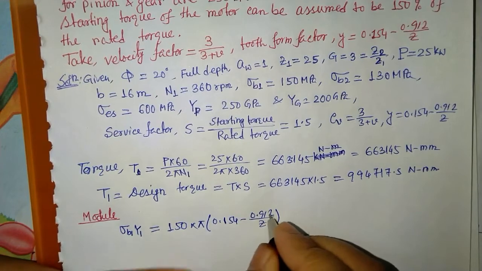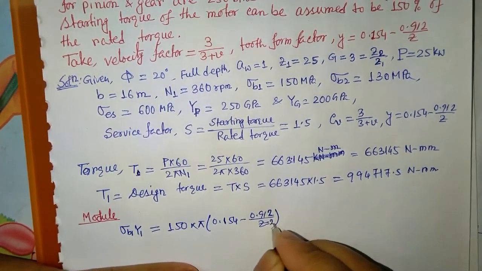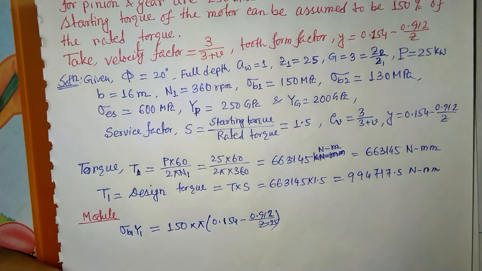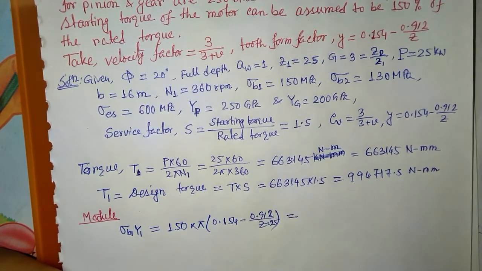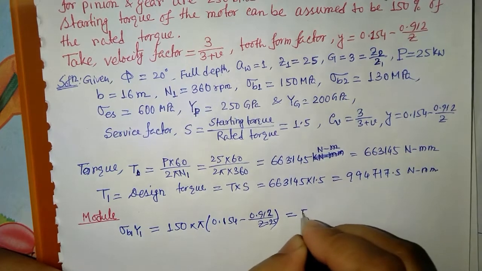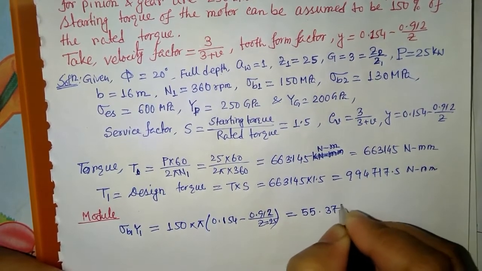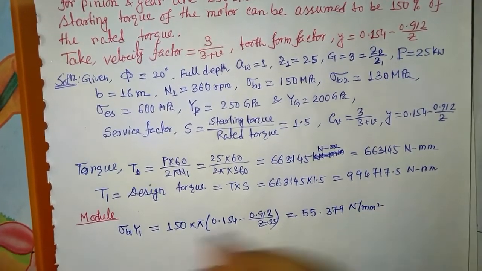This is 0.912 by z. Z is equal to 25, since it is pinion we have taken suffix 1. Okay, so if we make the calculation, we will get this value as 55.379 Newton per millimeter square.